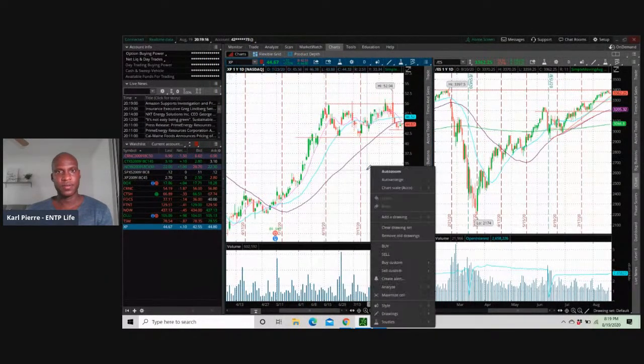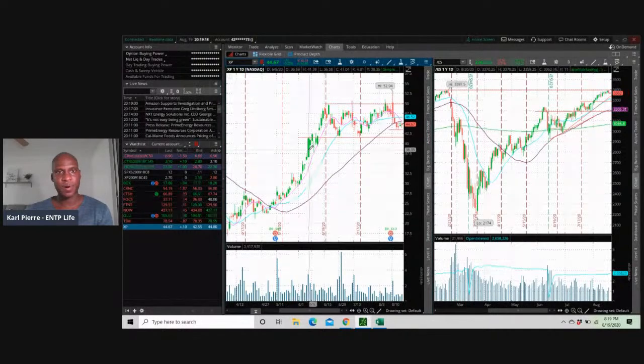If you highlight the bar itself, you'll see all the information at the top, that the open was 36.69, the high of the day was 41.39, and the close of the day was 41.04. So it closed 35 cents from its high of the day.